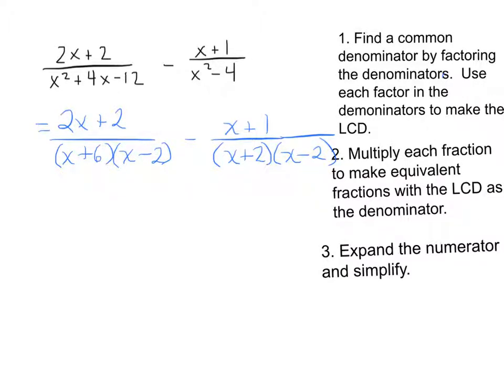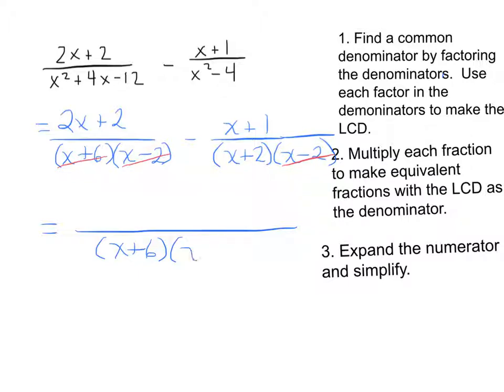To find the lowest common denominator, we're going to take each factor from the prime factorizations of the denominators, the same as we did when we were just doing numbers. So we'll take the x plus 6 as part of the lowest common denominator. And it's just here, so we'll take that one. We'll take the x minus 2, but it's in both spots, right?